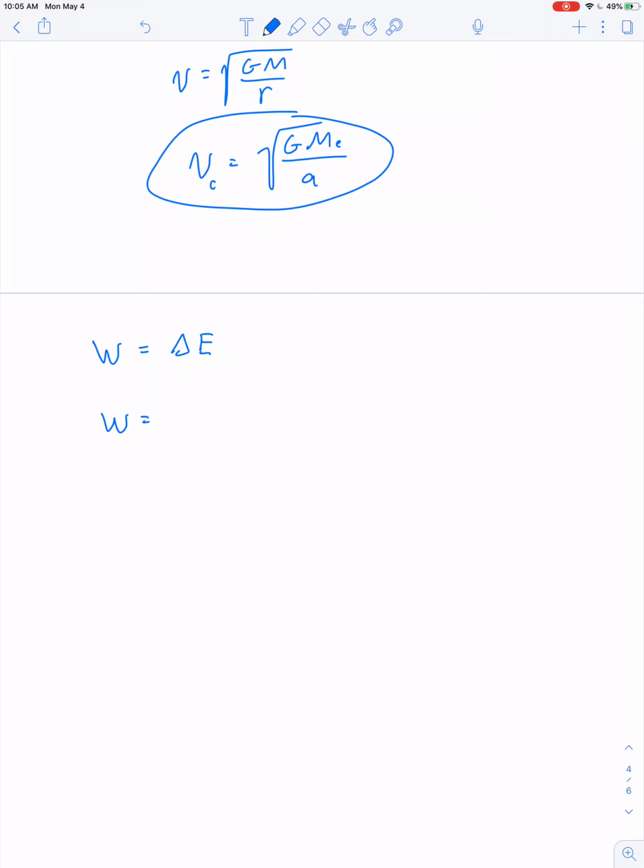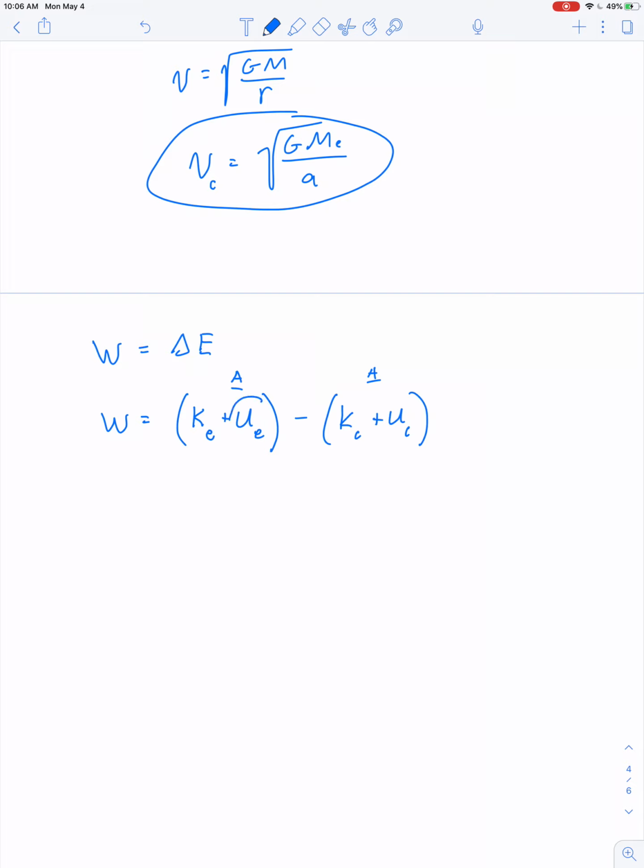So this is going to be, well here, how about we just write this? Kinetic energy for the elliptical orbit plus potential energy for the elliptical orbit minus kinetic energy for the circular orbit plus potential energy for the circular orbit, comparing at point A just before the rocket is thrusted to point A just after the rocket thrust.